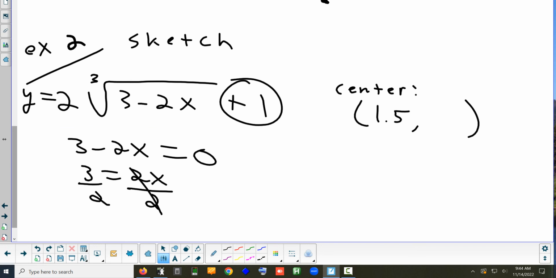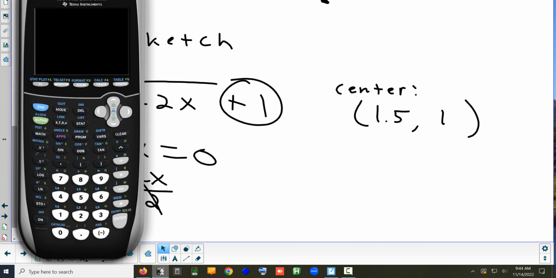Now we want to get a few other points, and we could do it just like we did 1.5. We could just plug numbers in one at a time, but it's going to be faster if we use the table. So let's use the table. To use the table, first thing I have to do is type that in.